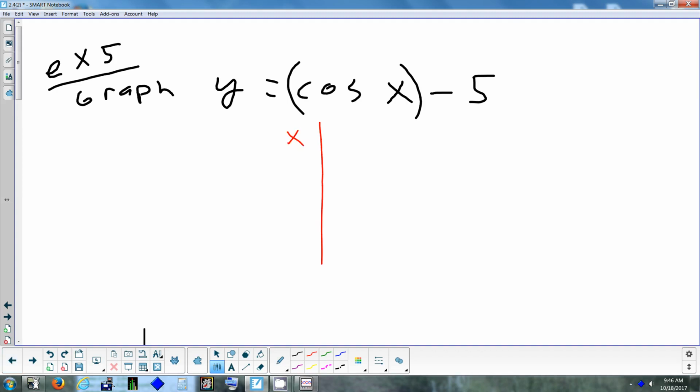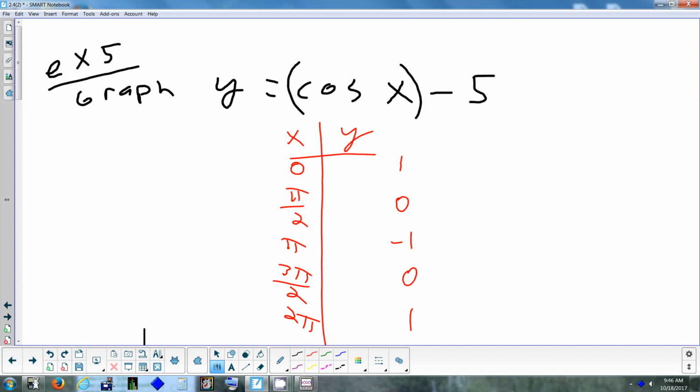So Matt, what's going to stay the same here? The x's. X's. And hopefully by now, I'm starting to kind of remember what those are. My y's. How about Ileana? Can you tell me my original y values for cosine? 1, 0, negative 1, 0.